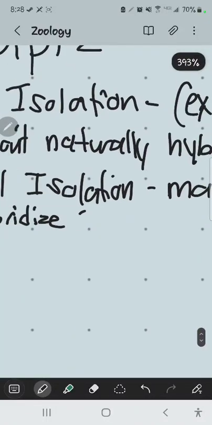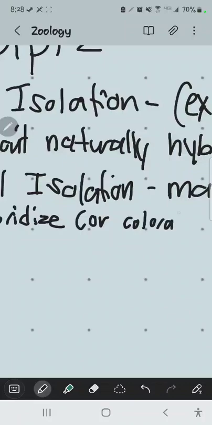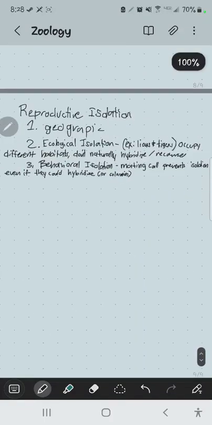coloration. So another example of isolation would be in Florida, there are these anole lizards, kind of like gecko type lizards in Florida swamps. And in the same area, there'll be multiple species of these little lizards.